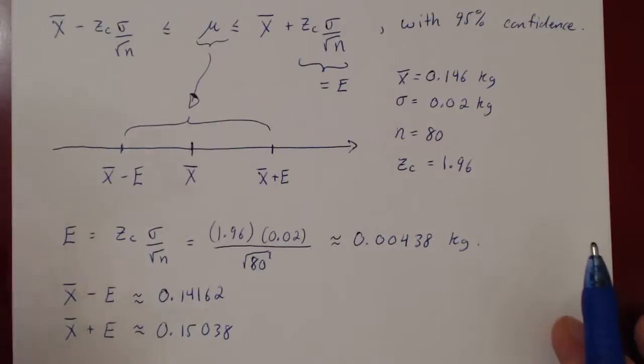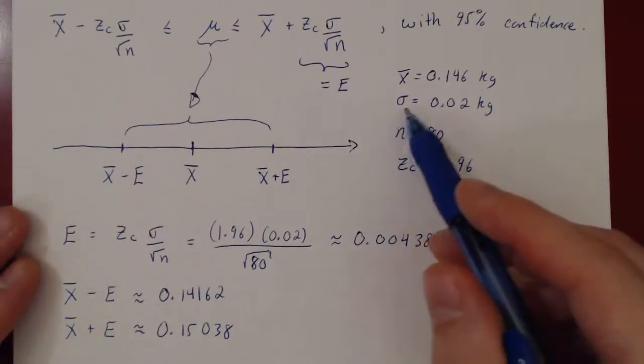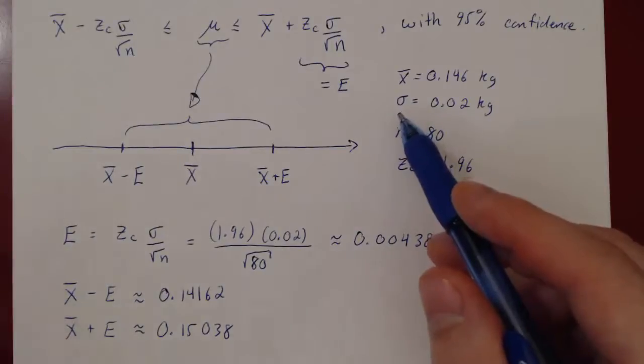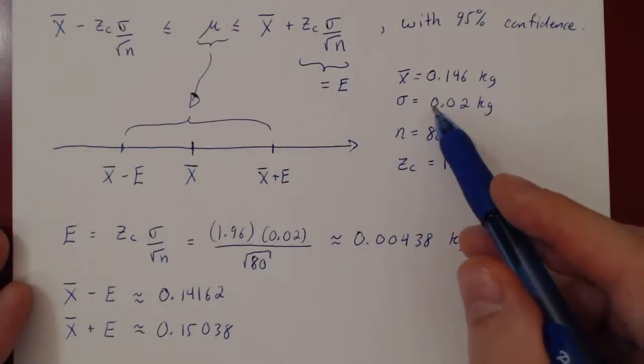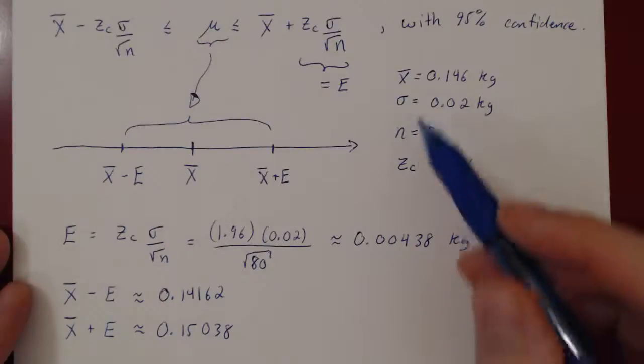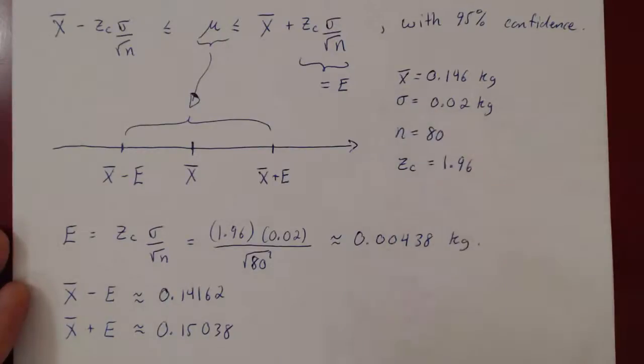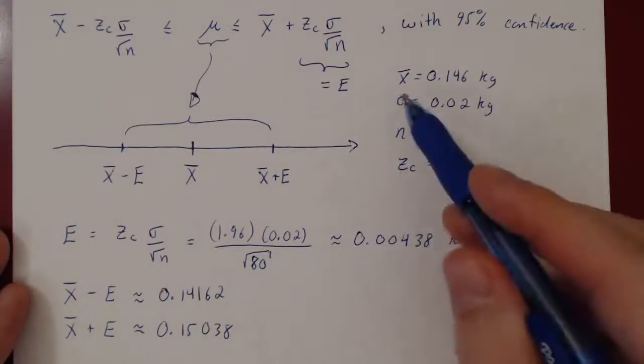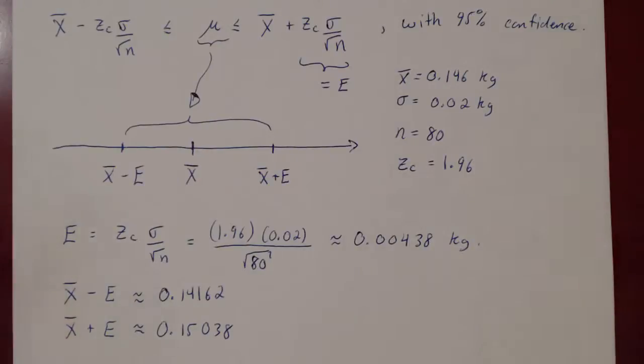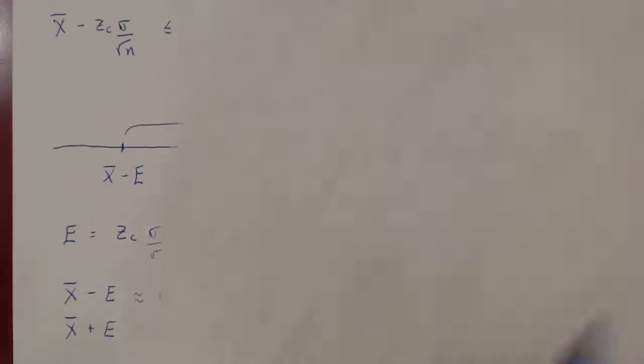Now, there's still something that should make you feel uneasy in the fact that we cheated. What we had obtained was the sample standard deviation of 0.02 kilograms, but we said, let's assume it's the true deviation. Let's see now how we can fix this problem.